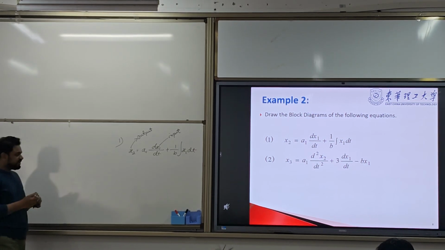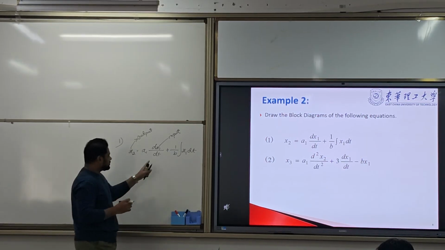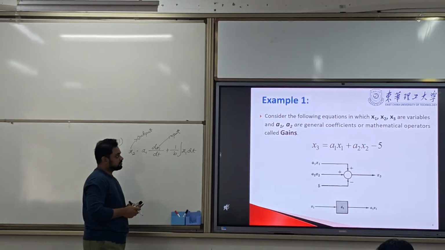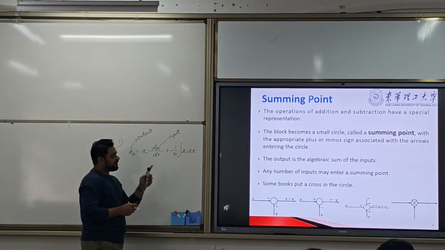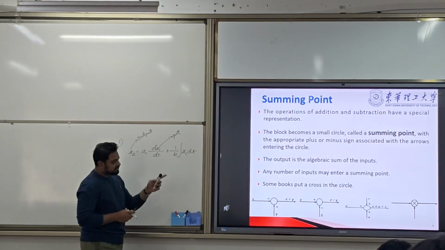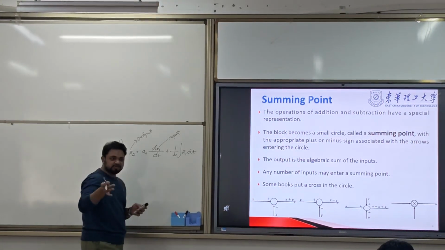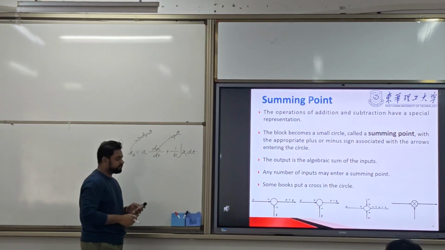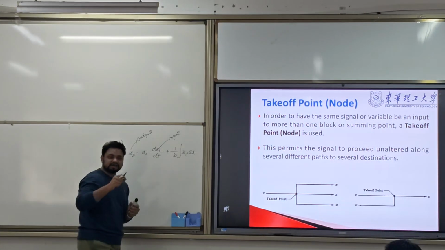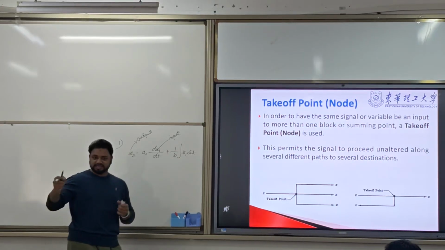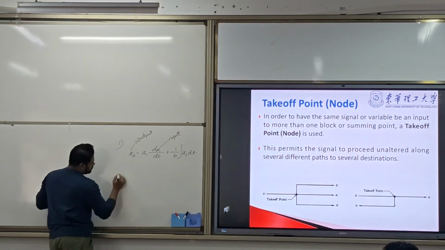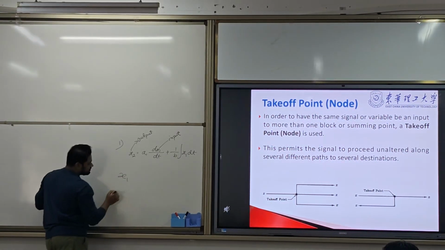So now what we need to follow: we have a summing point and a takeoff point. We already have seen the summing point, where many different signals are joined at the same point. At a takeoff point, the same signal goes in different directions. Here we have the same signal, x1.